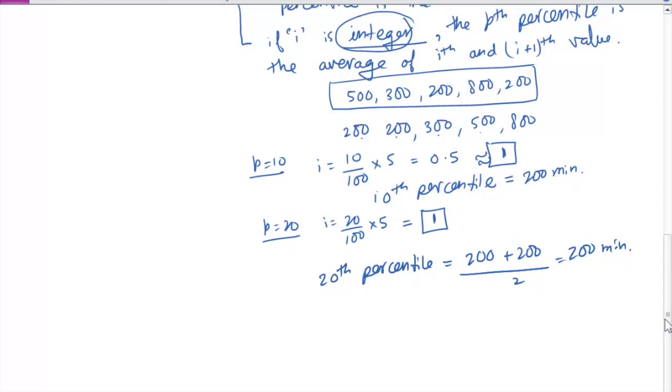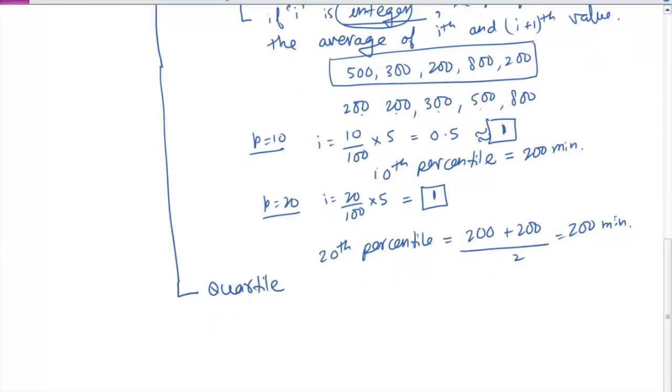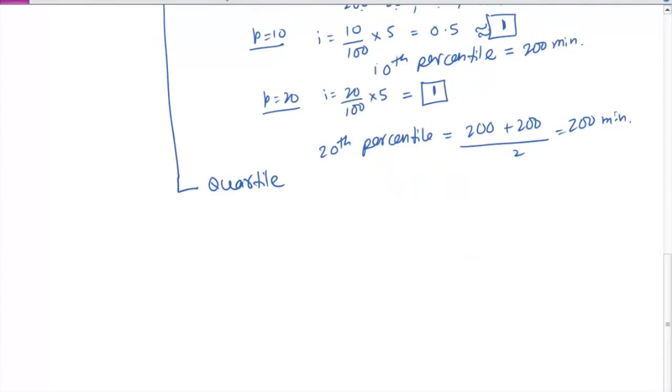Now another measure of location is called quartile, and as the name indicates, this divides the data into 4 quarters, just like a basketball game has 4 quarters. The first quarter is 25% of the total, and so on. If you have a range from 0 to 100 and divide it into 4 parts, this becomes 25, this is 50, this is 75, and this is 100.